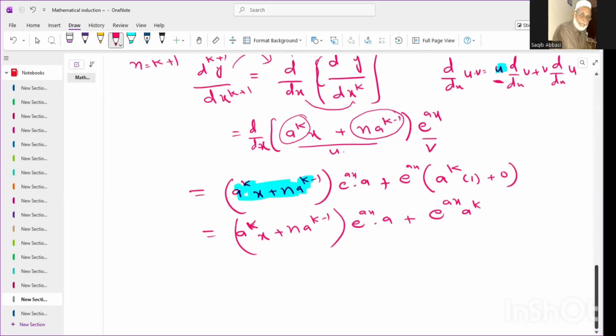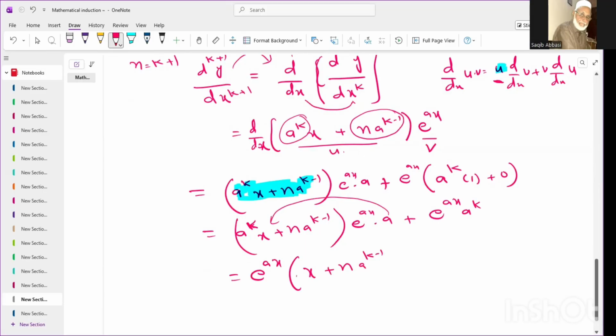After that, we will take e^(ax) common from all the terms. We have a common e^(ax). After taking e^(ax) common, this will be n into n a^(k-1), and this a will also be applied here.